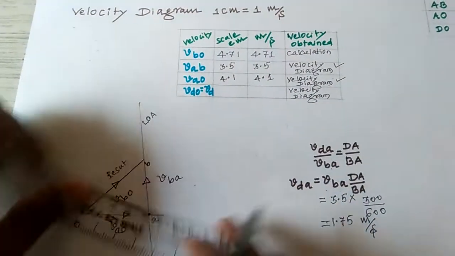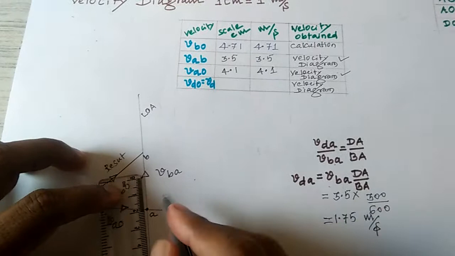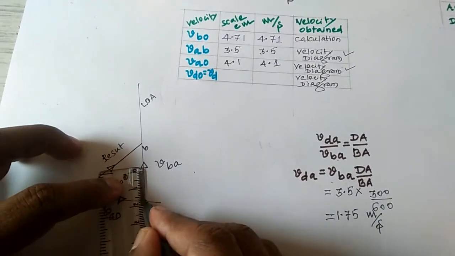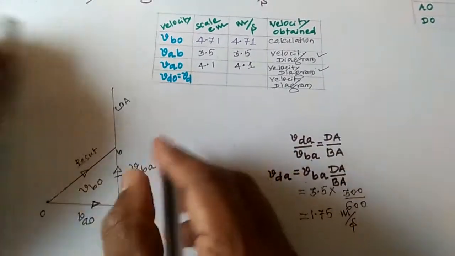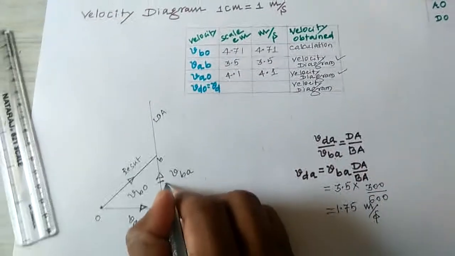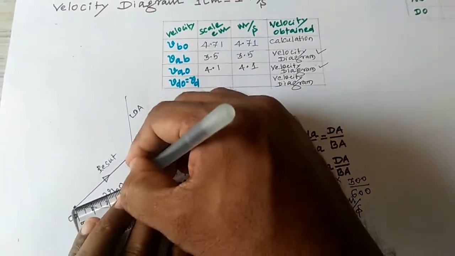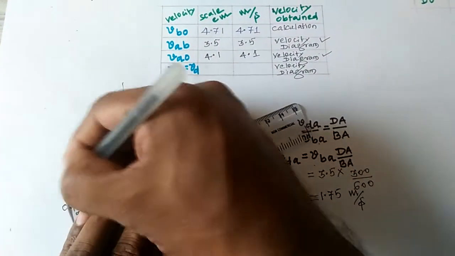You position this one and measure it; 1.75 means it comes somewhere here. I will mark this point as small d, and you have to join this with a dotted line.